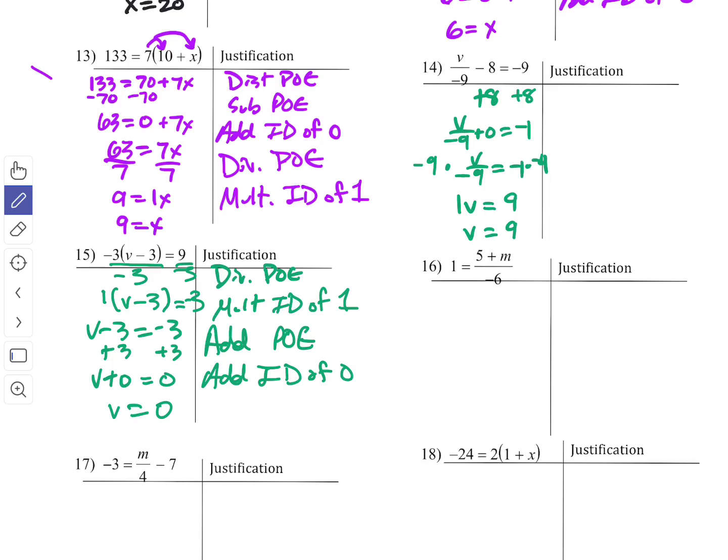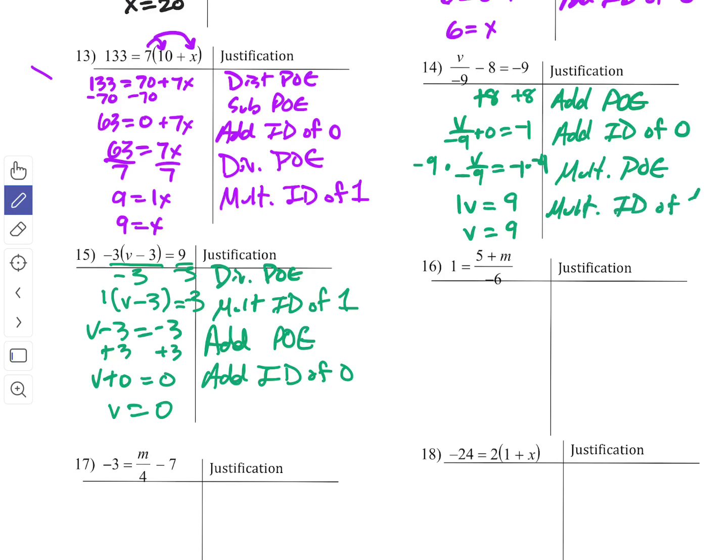Now, some of these, because they're simple enough, you could just guess and check and figure out, oh, I know how to get this to be the right number, just by looking at it, and that's okay. But we want to practice these different steps so that when they get harder, we're able to do the steps, when we get beyond the point where we can just guess what they are.